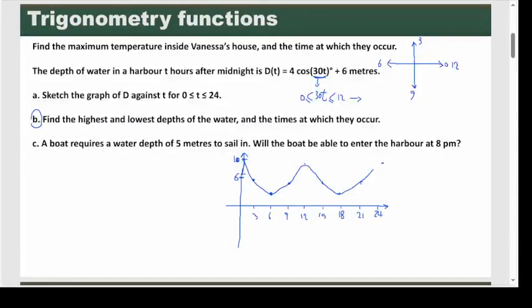So I will go for part B. It says find the highest and lowest depths of water and the times at which they occur. We said the lowest would be 2 meters and the highest is 10 meters. I put m as my unit.